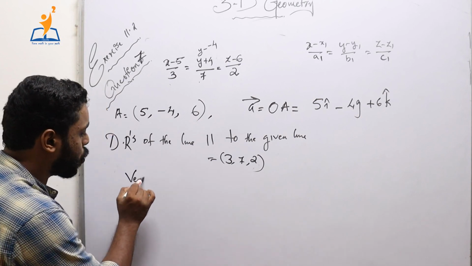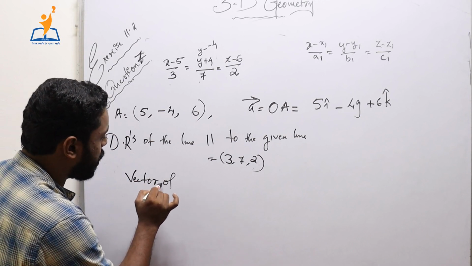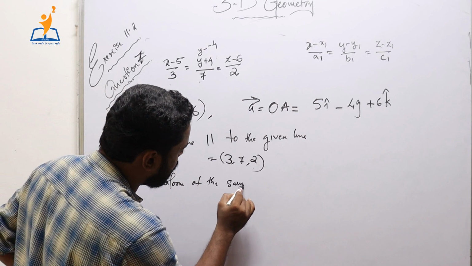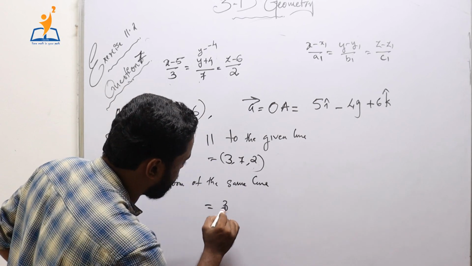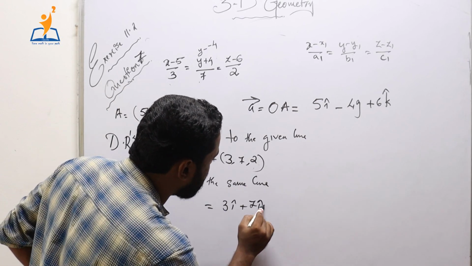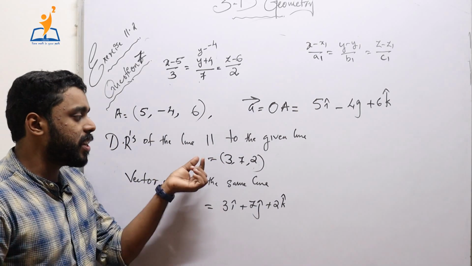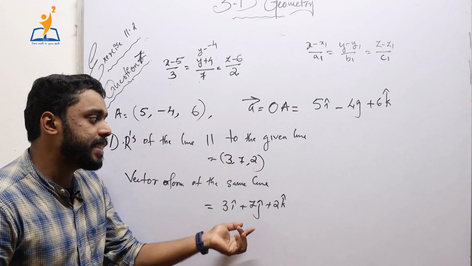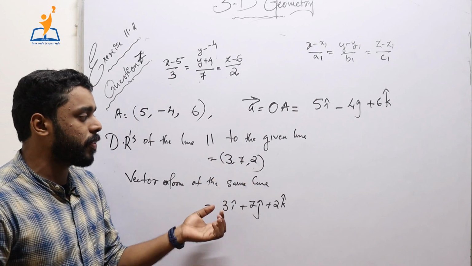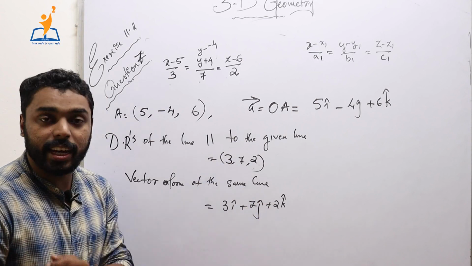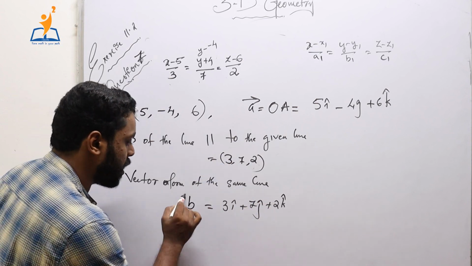So the vector form, vector B, is equal to 3i cap plus 7j cap plus 2k cap. Note that if we are given the direction ratios of a line, we can easily derive the vector by just attaching i cap, j cap, k cap to the respective direction ratios. So we get the vector B also.